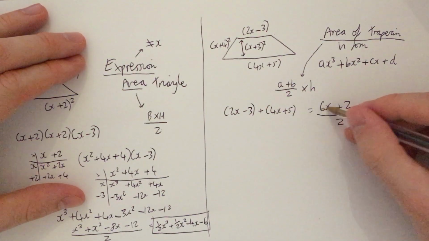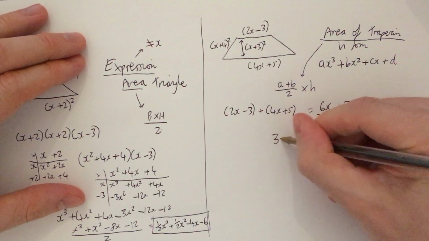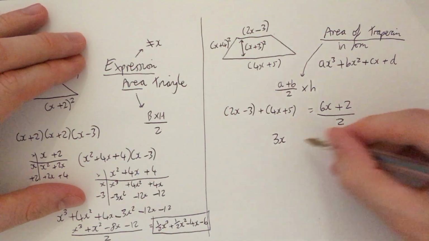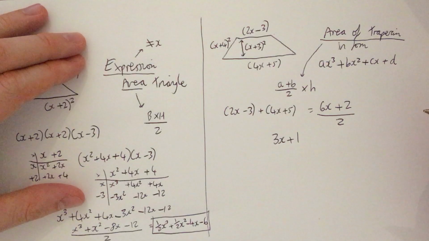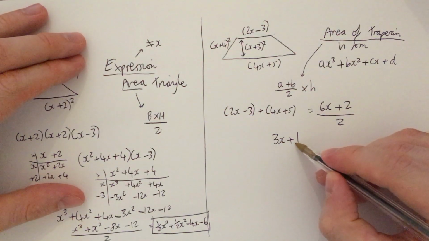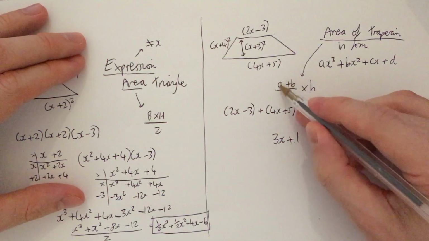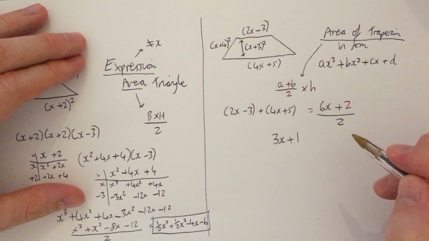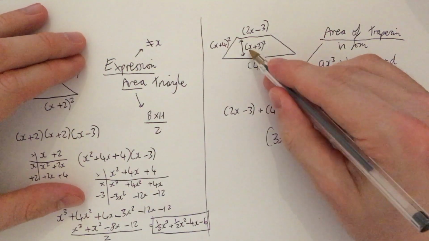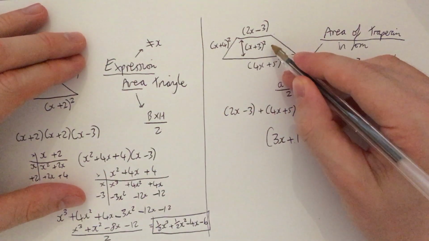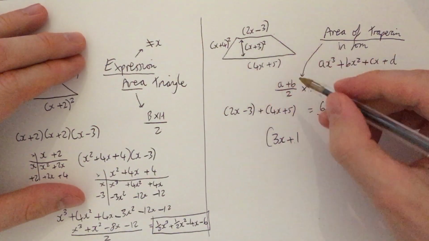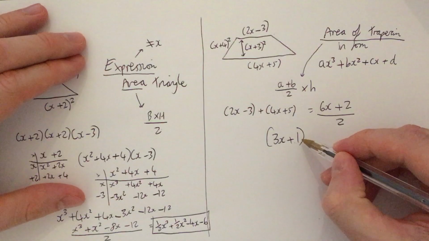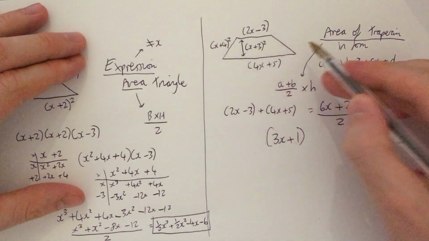So that divided by 2, 6x divided by 2 is 3x. 2 divided by 2 is positive 1. That is our answer to this. I'm now going to times it by the height. The height is x plus 3 squared, which means there's 2 of them. So I'm multiplying this by x plus 3 times x plus 3.